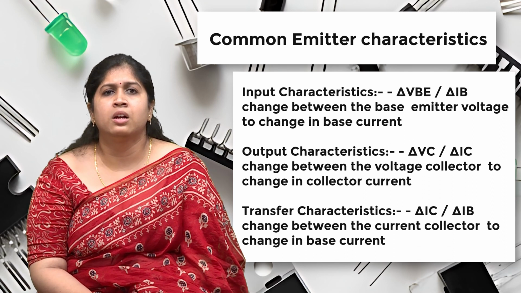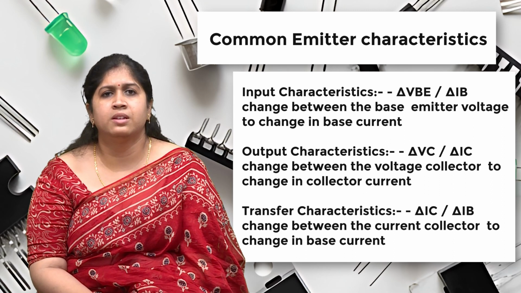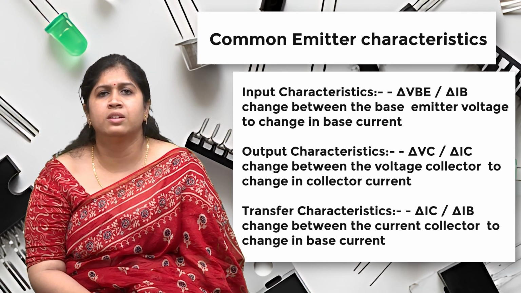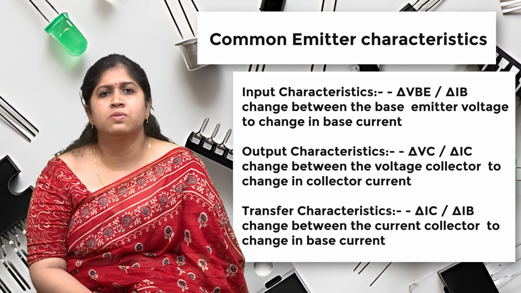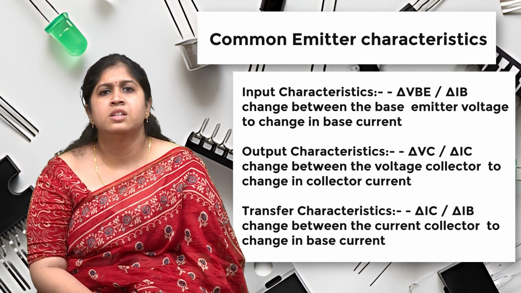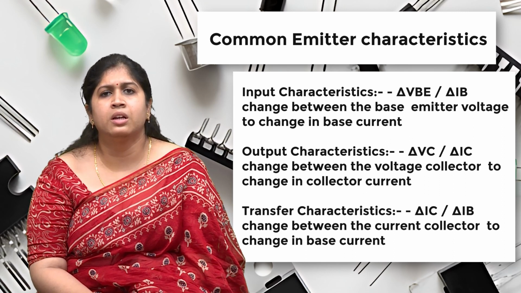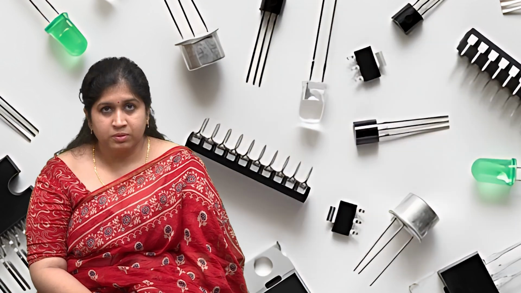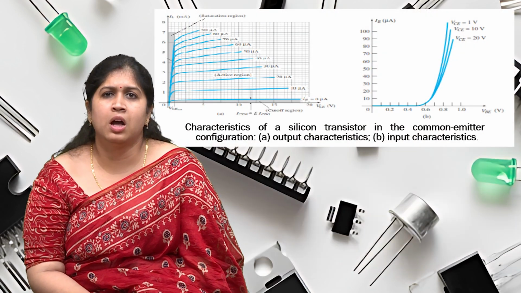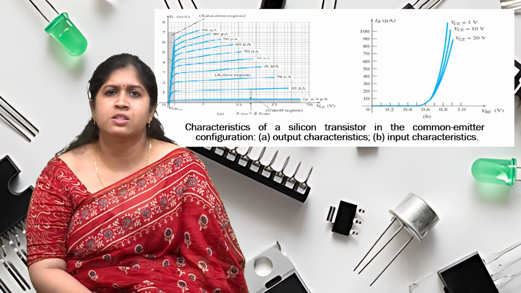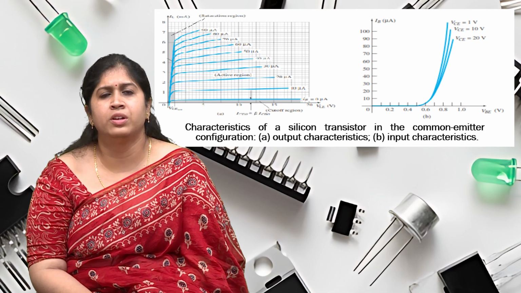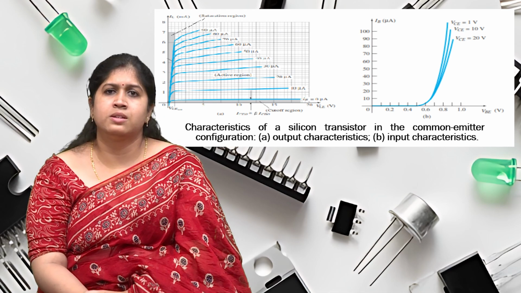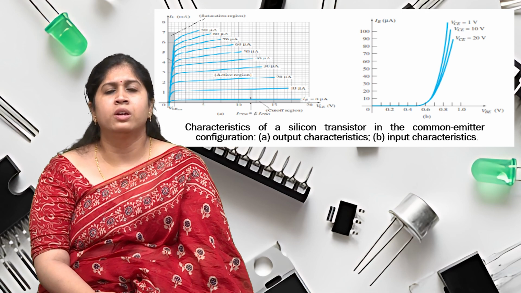Output characteristics present the change in collector current for a change in collector voltage. The transfer characteristics present the change in collector current for a change in base current. The figure below shows the output and input characteristics of a silicon transistor in the common emitter configuration. A is the output characteristics, B is the input characteristics.